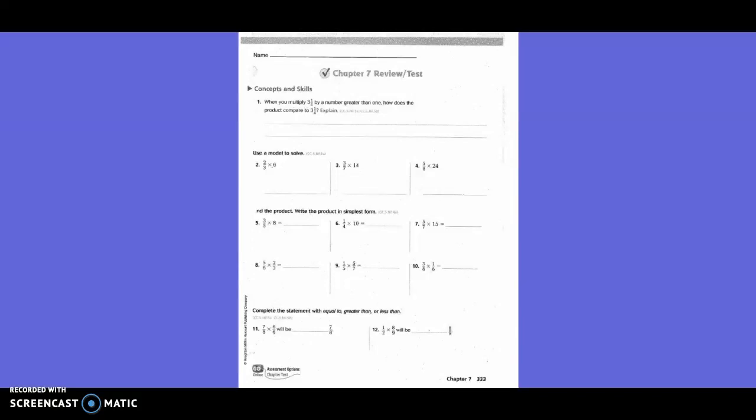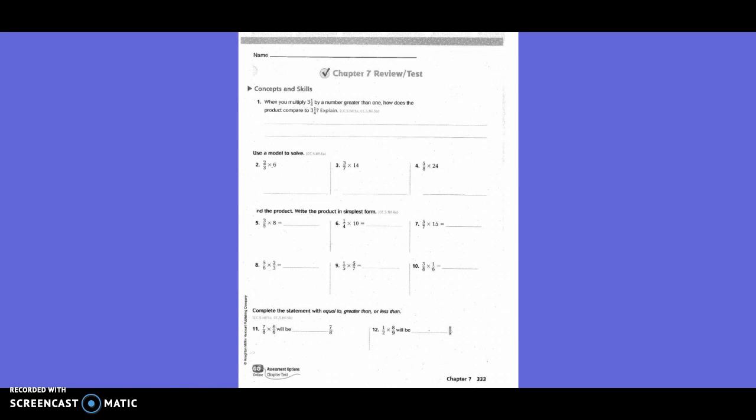Fifth grade, chapter 7, review. Concepts and skills. When you multiply 3 1/4 by a number greater than 1, how does the product compare to 3 1/4? So what is the product or the answer going to be, guys? Greater than.